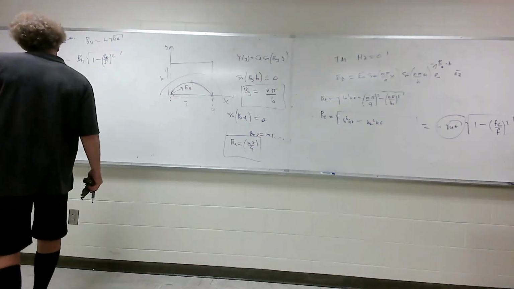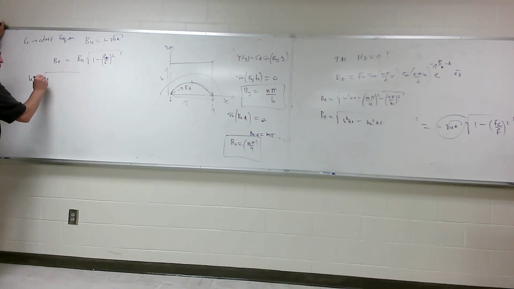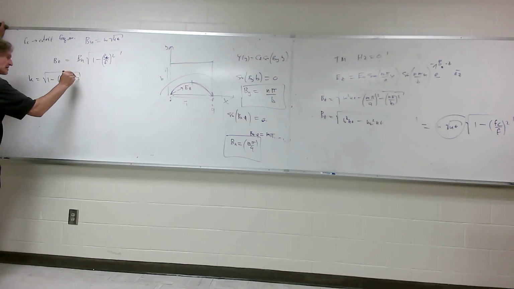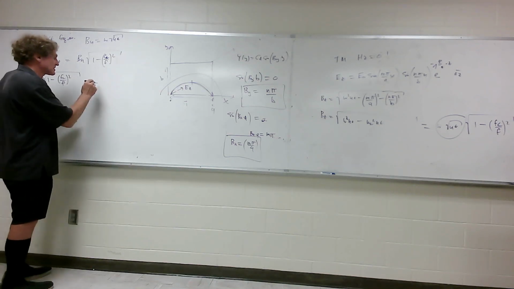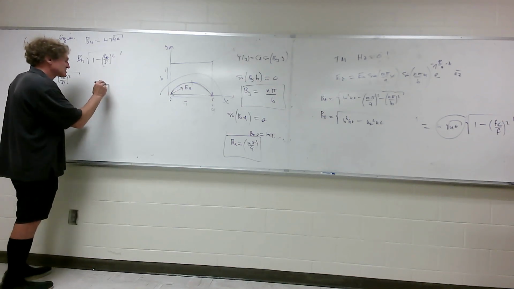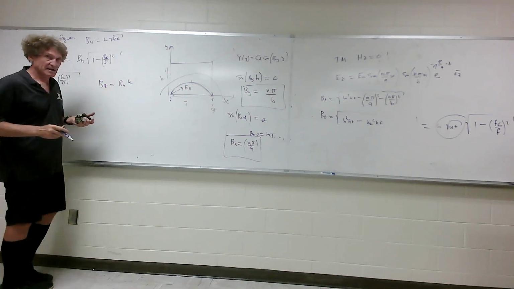But over here, what we usually do is this. We create something we call k. And k is equal to the square root of 1 minus (fc over f) squared. The reason we do it is that way beta z can just be thought of as simply equal to beta unguided times k.